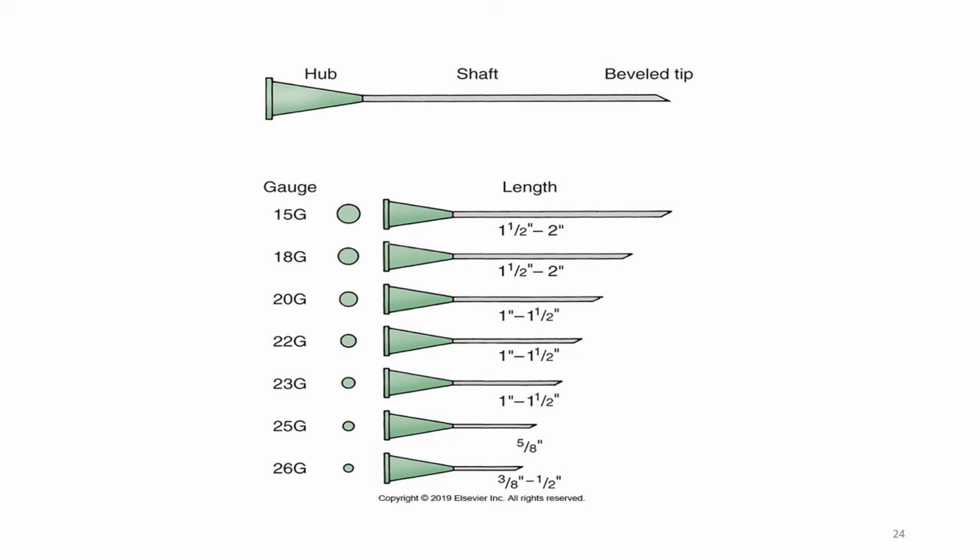So this is what I was talking about with the different gauges, and you can see the diameters here, okay? The 15 gauge, the 18 gauge, the 20 gauge. That's the actual diameter of the needle, how large they are.